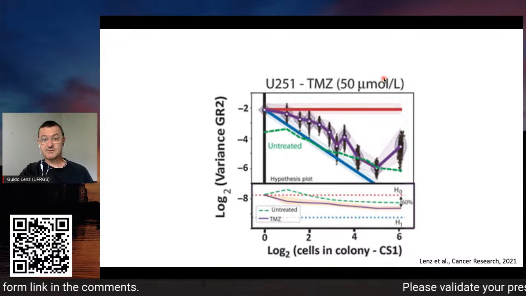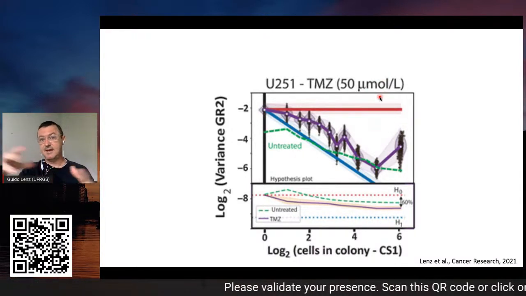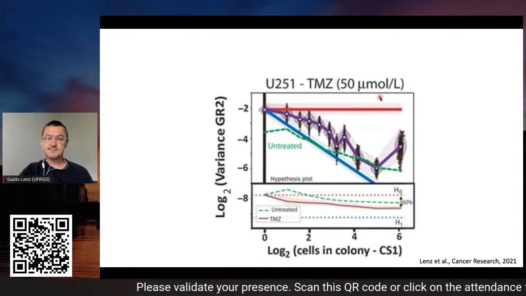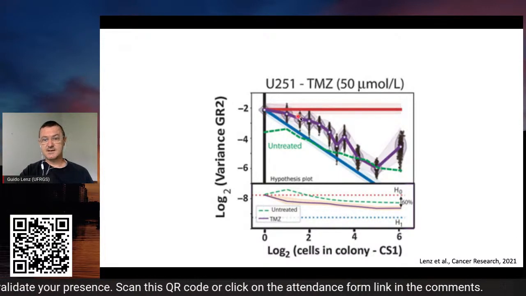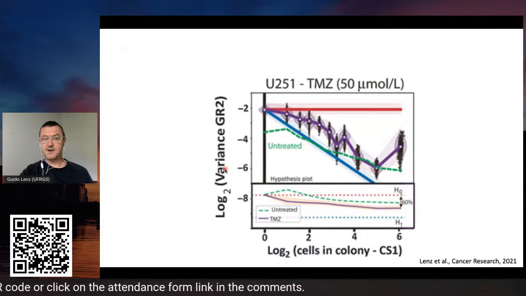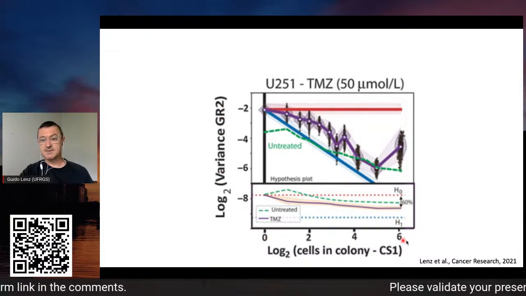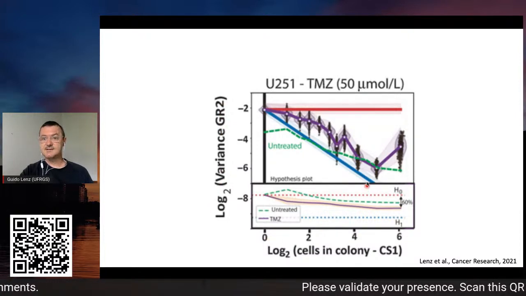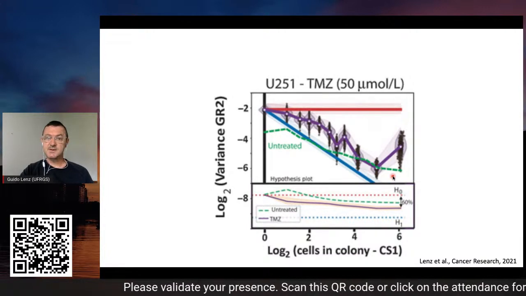Actually here the treatment was 3 days, but the killing goes on after this. So what we observed is that there is a drastic decrease in the variance of growth rate with the increase of colony size. And this is even higher than what we observed in the untreated.